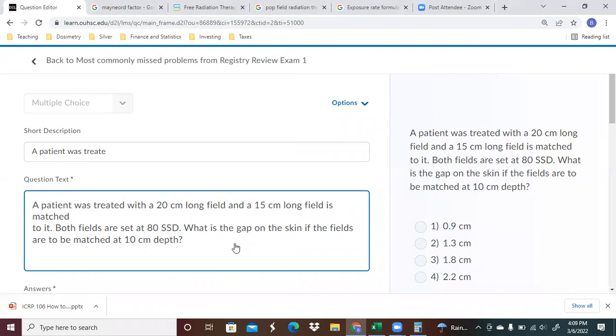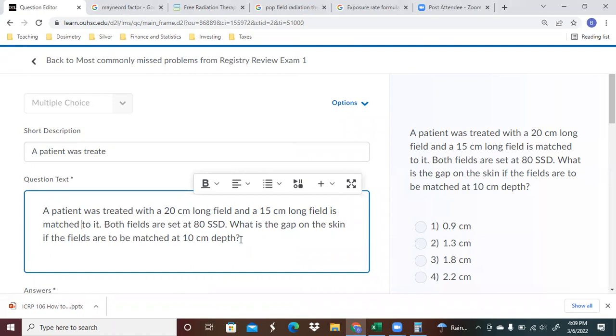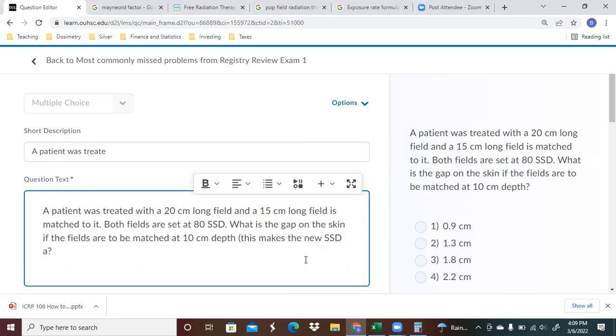And what I'm going to do on this particular question, just to try to keep it clear, is to say, if they're mentioned, this makes the new SSD become 70 cm.